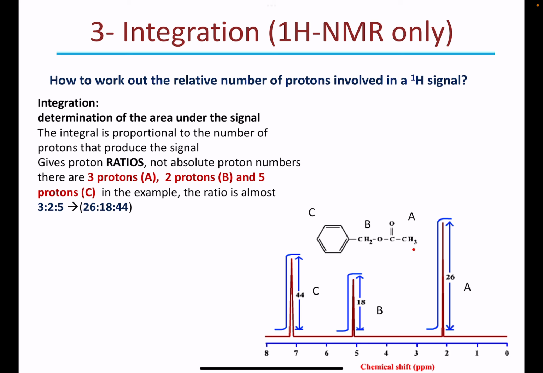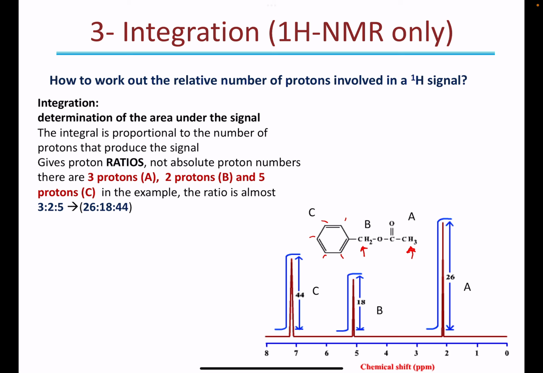So for example, if we have a compound like that, we expect to have three signals because we have three different non-equivalent protons. Signal A comes from these three protons, signal B comes from these two protons, and signal C comes from the five protons on the benzene ring.